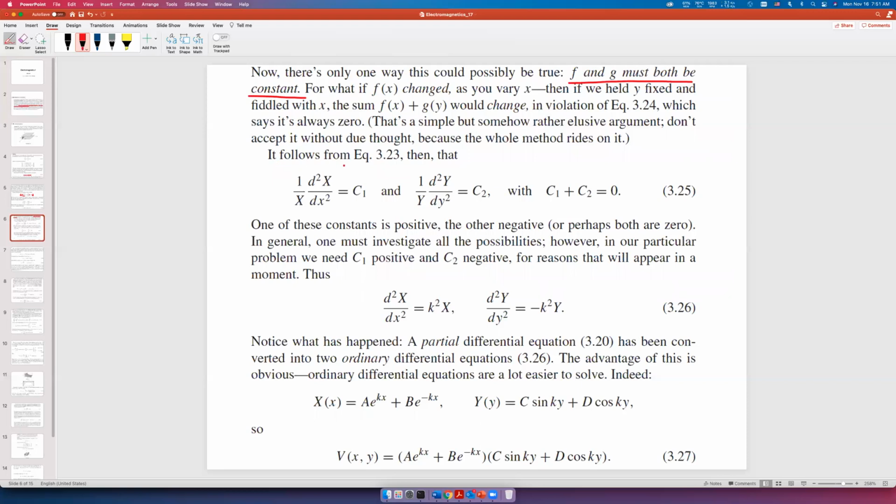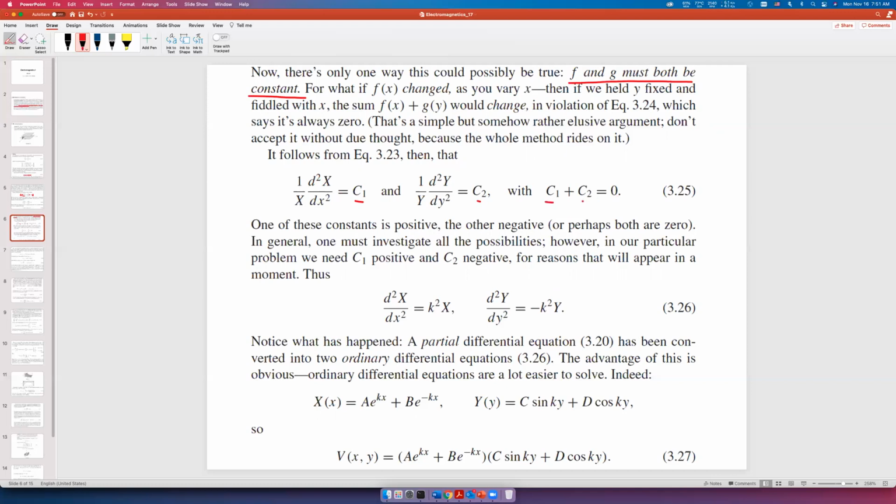Now, it follows equation 3.23: (1/X) d squared X over dx squared equals C1, where C1 is a constant, and (1/Y) d squared Y over dy squared equals C2. So C2 is another constant, and C1 plus C2 equals 0.